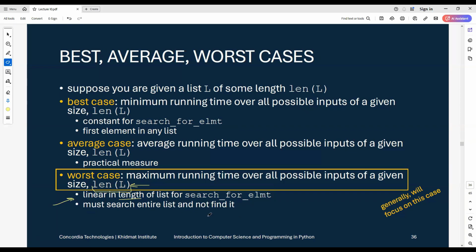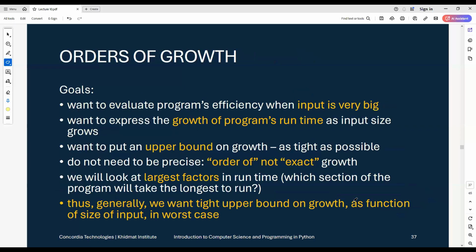Because if it's not there, we must search the entire list and go to the end of the list for completing our algorithm. And this is the case that we will actually focus on when looking at any algorithm: what is the upper bound or the worst case scenario on the number of operations that an algorithm has to do? And why do we do that?